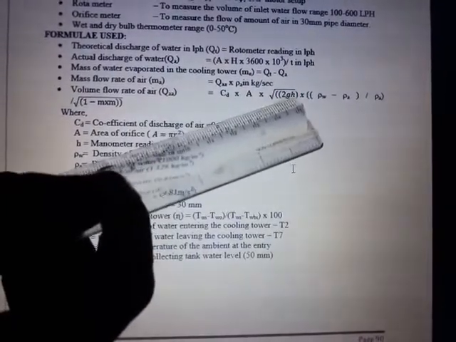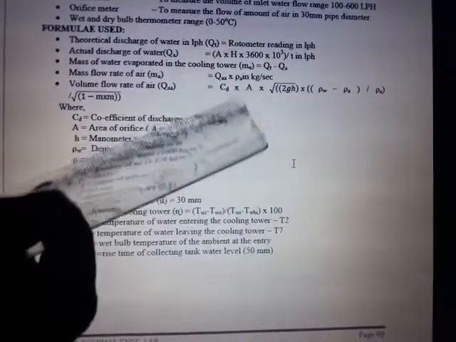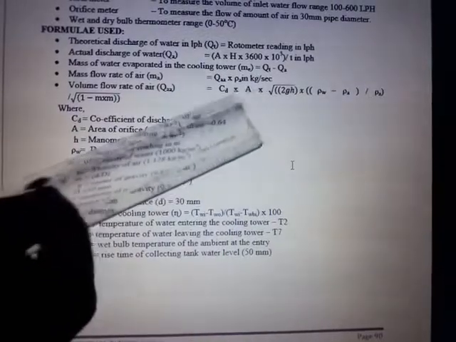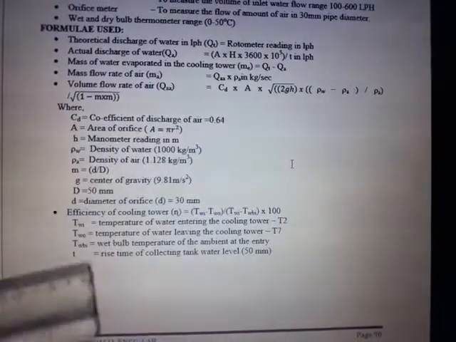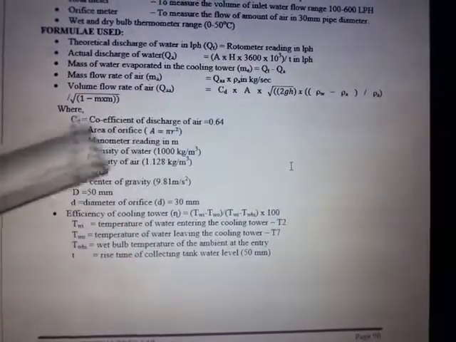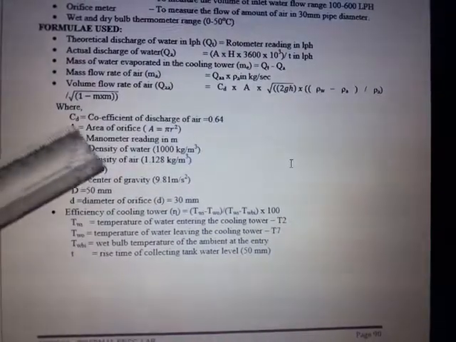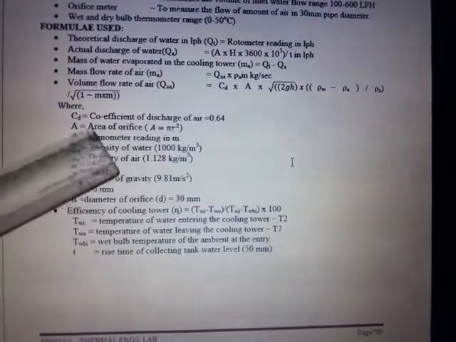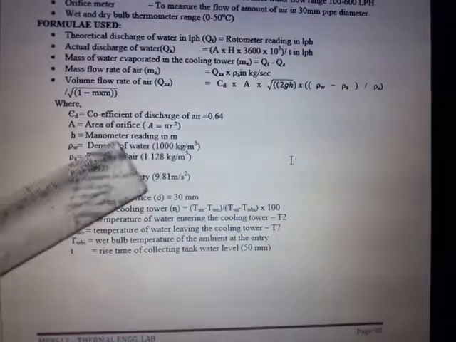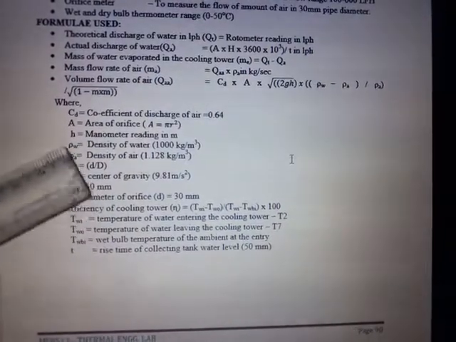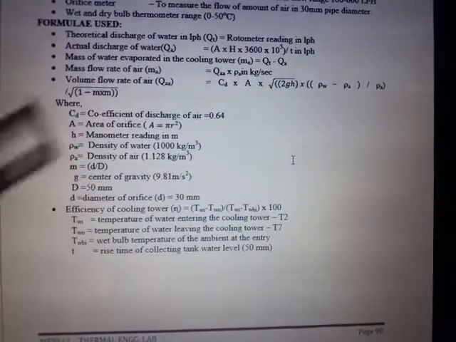H is the manometric difference, A is the area of orifice, and CD is the coefficient of discharge. These terms are all mentioned at the bottom: CD, A, H, rho W, rho A, then the d by D ratio.